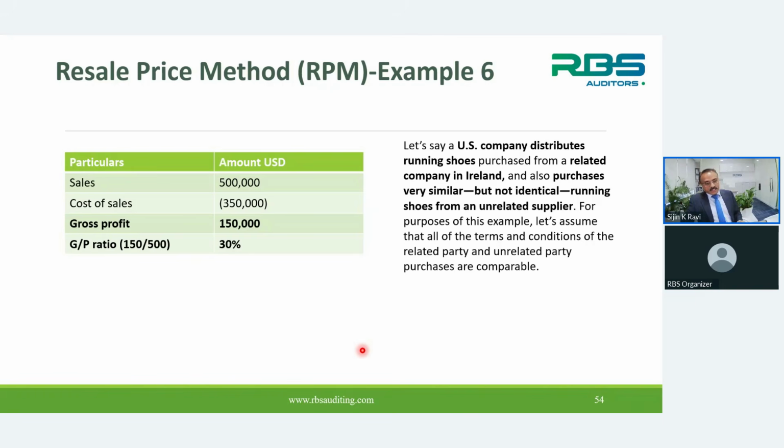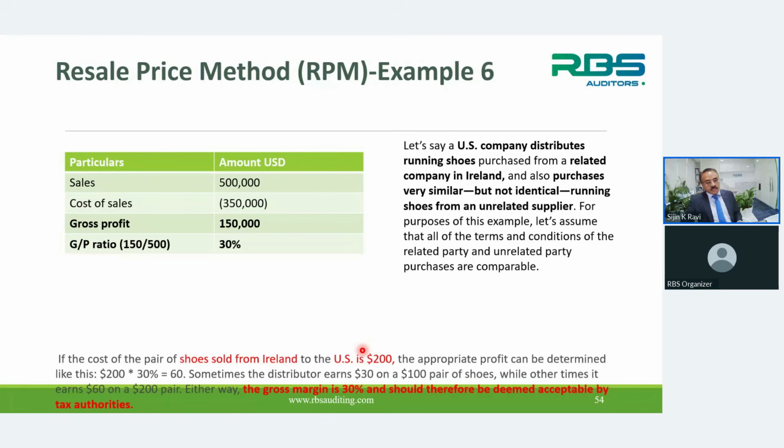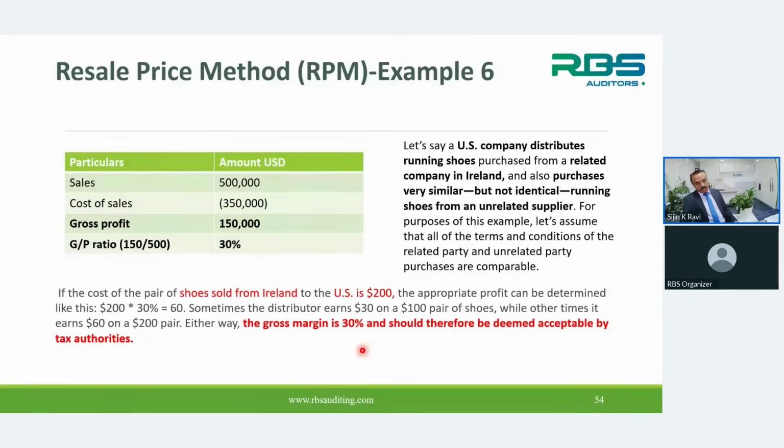Sales are 500,000, cost of sales is 350,000, gross profit is 150,000, and the GP ratio is 30%. So you are arriving at a GP ratio of 30%. If the shoe sold from Ireland to the US is $200, the appropriate profit can be determined: 200 into 30%, $60.